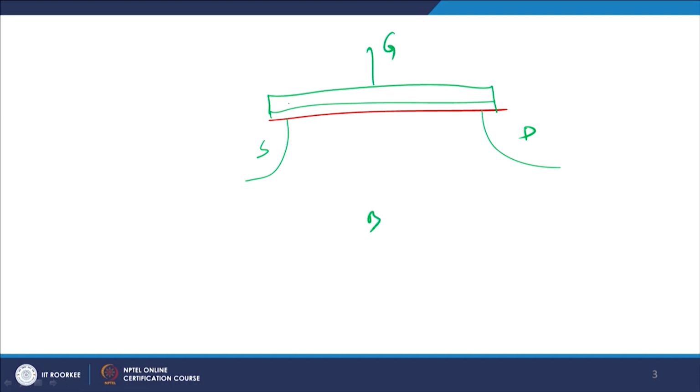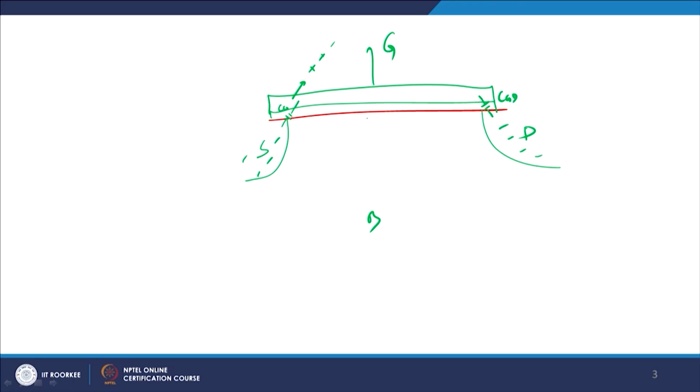So, you see this is positively charged, this is negatively charged, so between these two I can have CGS, gate to source capacitance. Similarly, between these two I will have CGD, gate to drain. These are overlap capacitances.